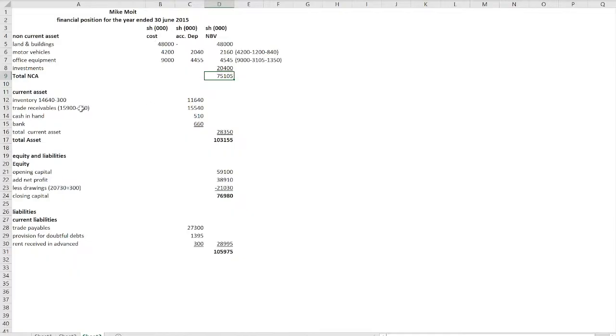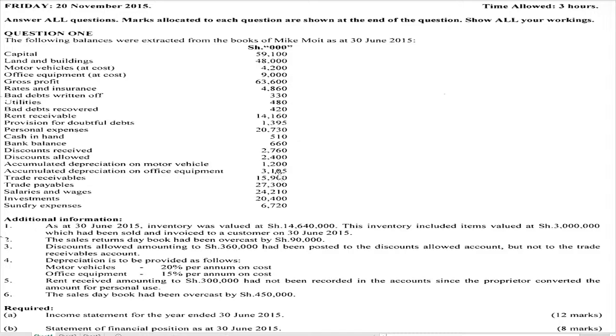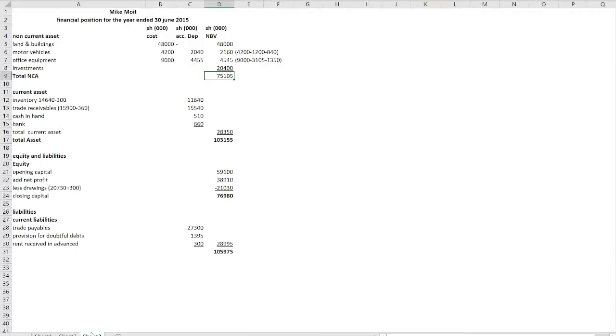We had been given 15,900. Yes, 15,900. So that we also less the discount allowed of 360. So we less the 360. And this one should be 3,000, not 300.